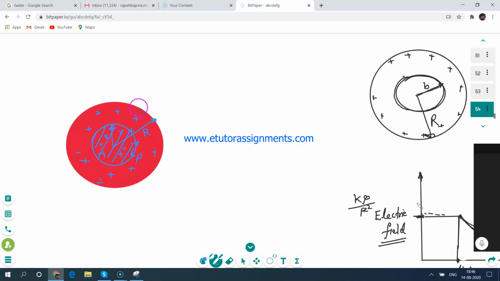How much charge is enclosed by the Gaussian surface? Please listen. If the total charge is Q, it is distributed on the whole big sphere. The volume of the big sphere is 4 by 3 pi R cube, capital R cube.